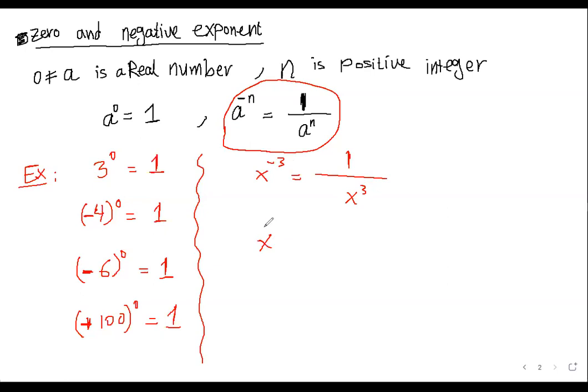What about x to the power minus 5? Same idea. 1 over x to the 5.